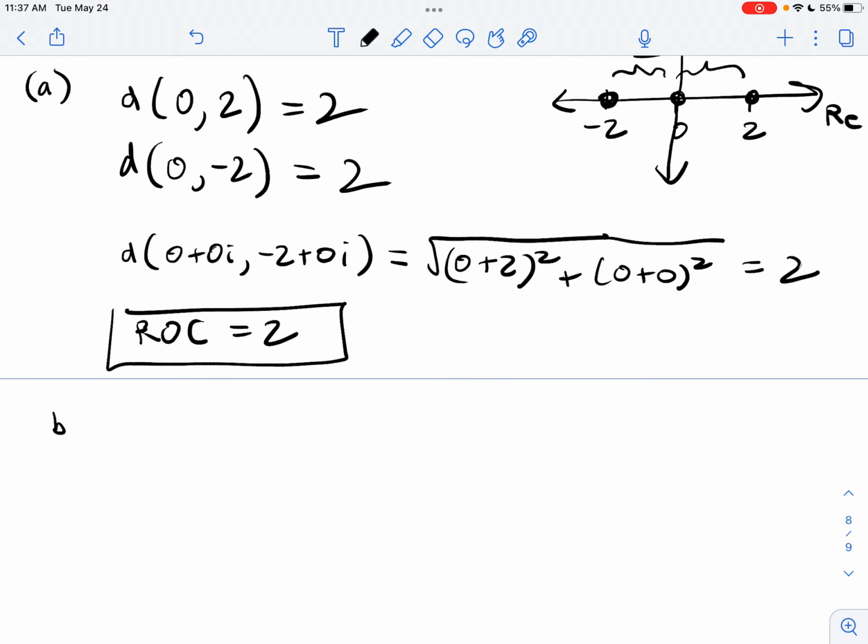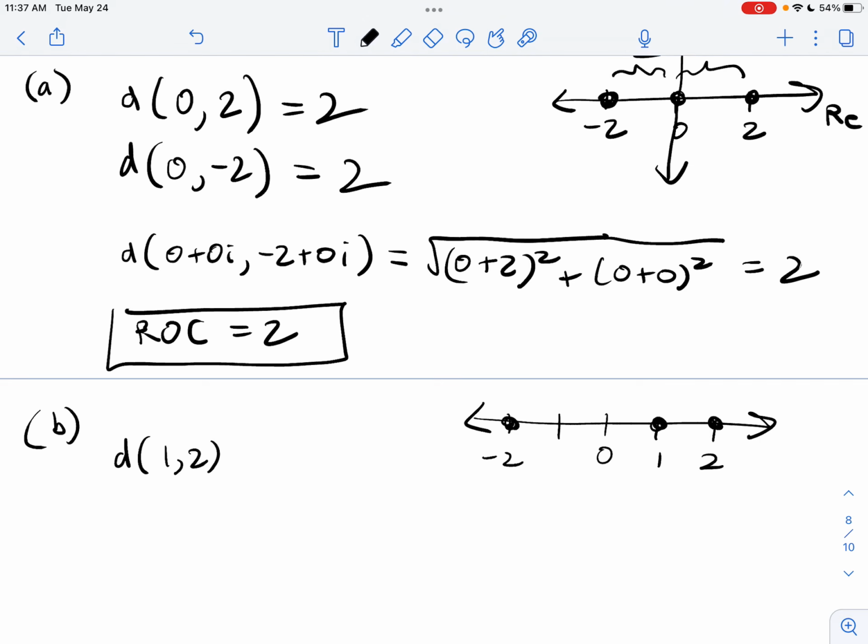Let's look at part B. Now, we're talking about x equals 1. And so the distance from 1 to 2 is 1.